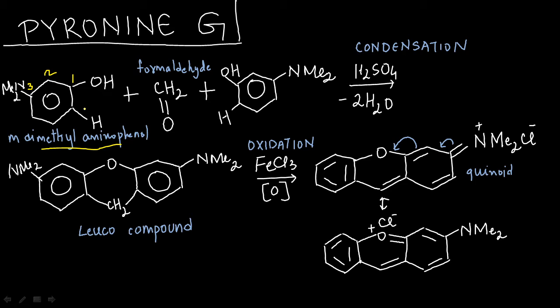We have 2 moles of this. The first one is this one and the second one is right here. Why? Because we need these 2 benzene rings.